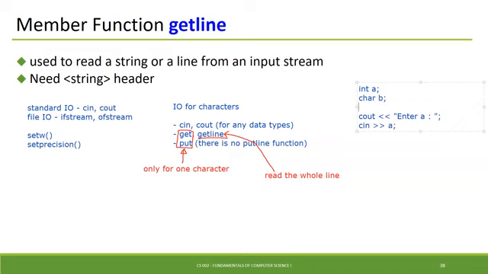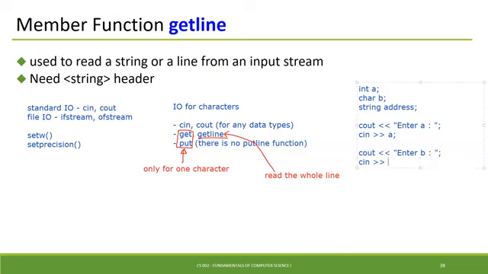Let me have one more string, string address. I want to get address information. And then cout, enter b, and this time I want to read one character. Cout, enter address, cin address.